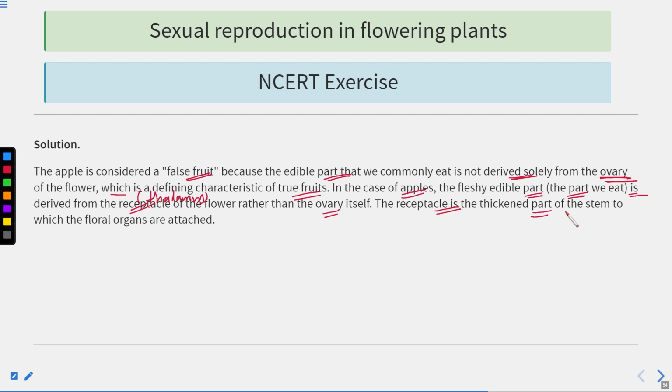This is the thickened part of the stem, okay, to which the floral organs are attached. Okay, and all the floral organs are attached to it. What are the floral organs? Androecium, gynoecium, means the stamens and the pistil, as well as sepals and the petals. These are attached to the thalamus.